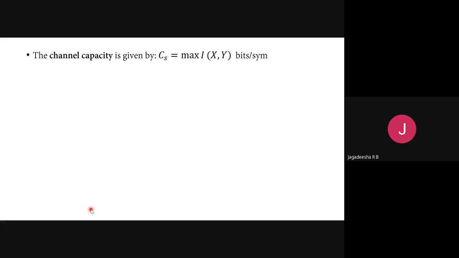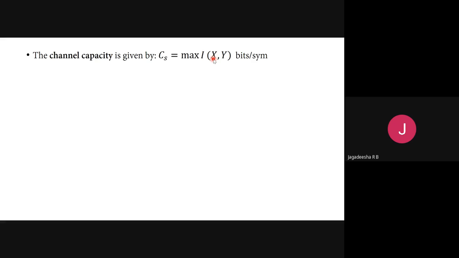Next, the channel capacity of the BEC, binary erasure channel, is given by this equation. Channel capacity is equal to, you know this term, right? The mutual information between x and y, the input and output occurring together. So the channel capacity is equal to the maximum of the mutual information between x and y over various probabilities, because we have different probabilities for x.